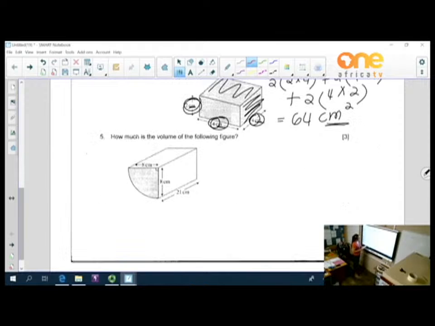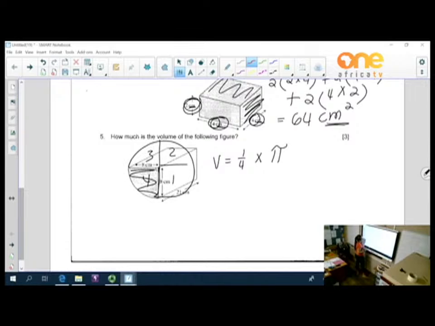Last one, number 5, we need to calculate the volume of the following figure. So the volume, can you see this is only if we have an entire circle, 1, 2, 3, 4, so this is just a quarter.